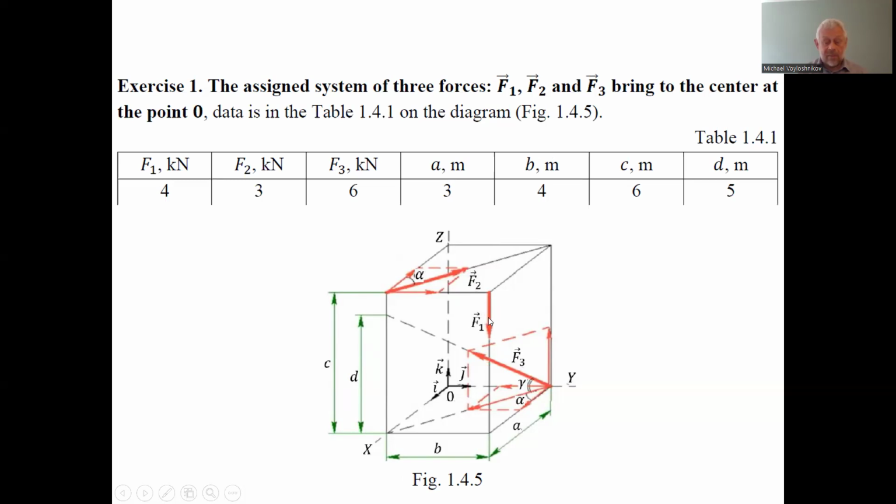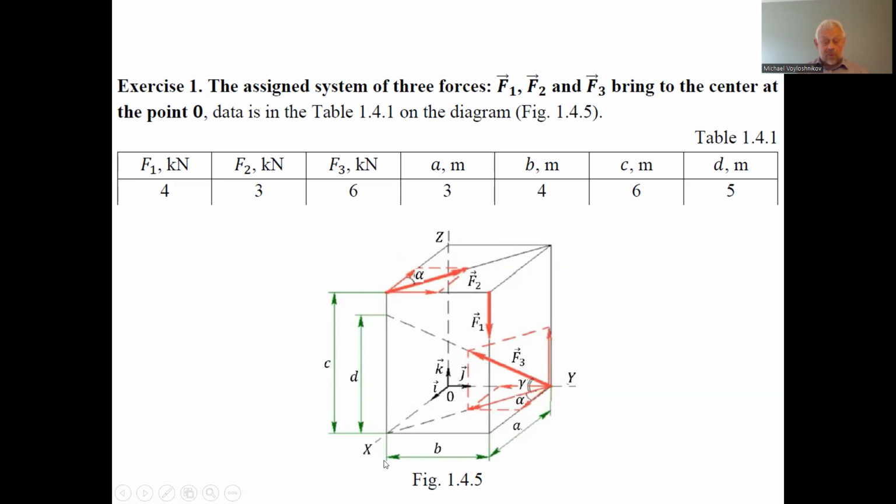The second is the F1 force rotating counterclockwise, F1 multiplied by B. And the next is this vertical projection rotating around the axis X counterclockwise. So it is the magnitude of force F3 multiplied by sine gamma and multiplied by B, the arm between the axis X and the application of the vertical projection of force F3.